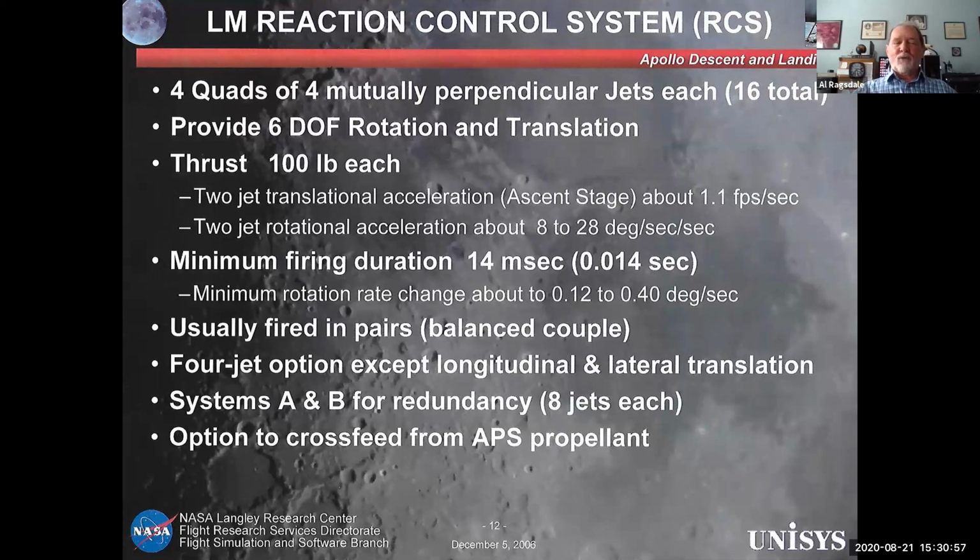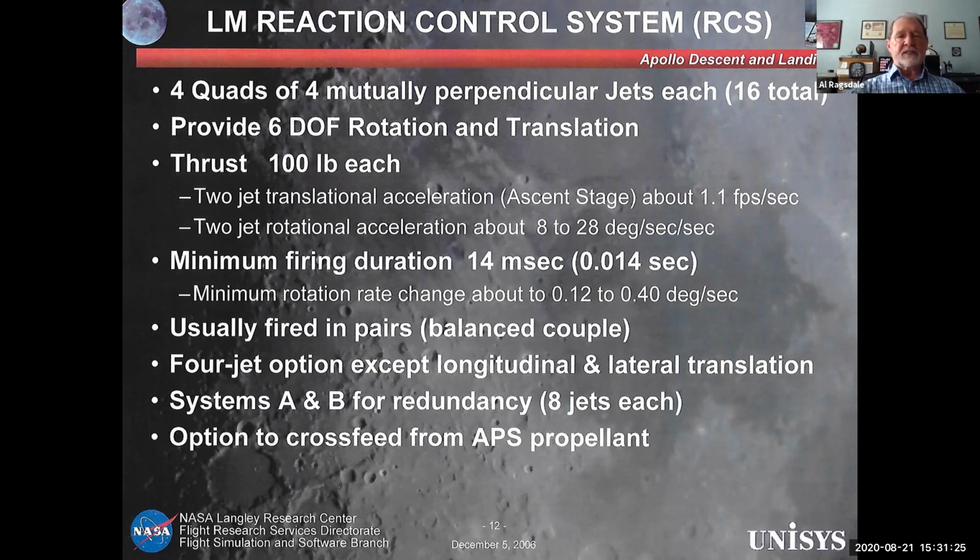Firing a jet for 1 second changed your rate by 28 degrees per second. To avoid that problem, there was another mode that would fire the jet for a minimum duration of 14 milliseconds, and that would change your rotation rate by about 0.12 to 0.4 degrees per second. They used that mode when the attitude really mattered, like during docking.